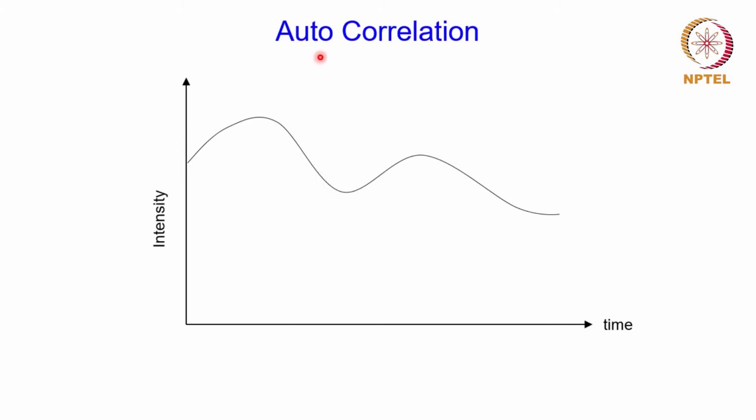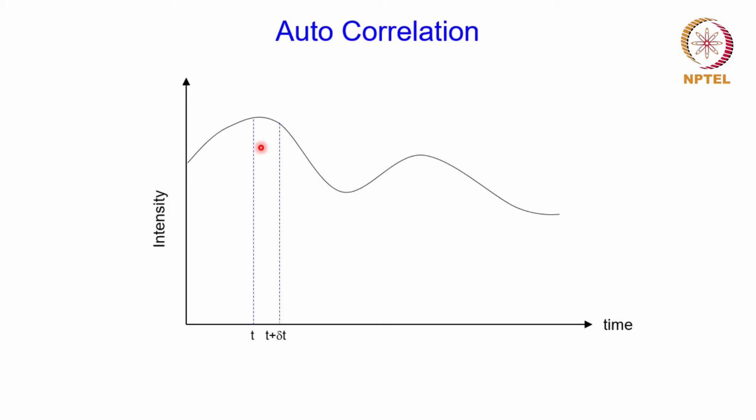Now, the autocorrelation is derived on the basis of comparing this signal at a particular time t with the signal after a time interval delta t. Okay. So if you compare the signal intensity after a particular time interval delta t with the original signal at time t, then you would be looking at how this signal at time t plus delta t compares with the original signal at t. Okay.